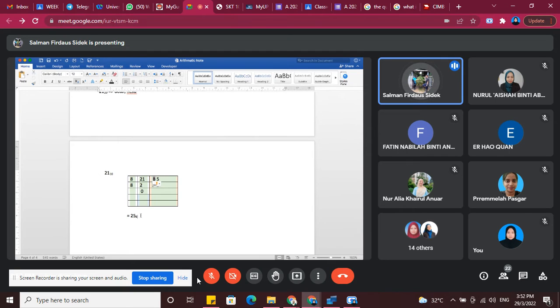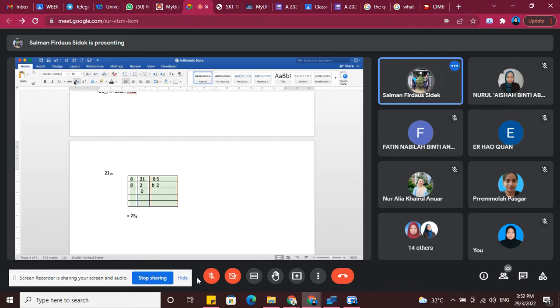So 4 numbers. Daripada asal 21 campur 4, 25 kan? So kita dapat 25, nampak? It's a mathematic formula, macam mathematic patterns. Ini kalau kita buang 2 digit, maksudnya miss out 8 and 9 lah.